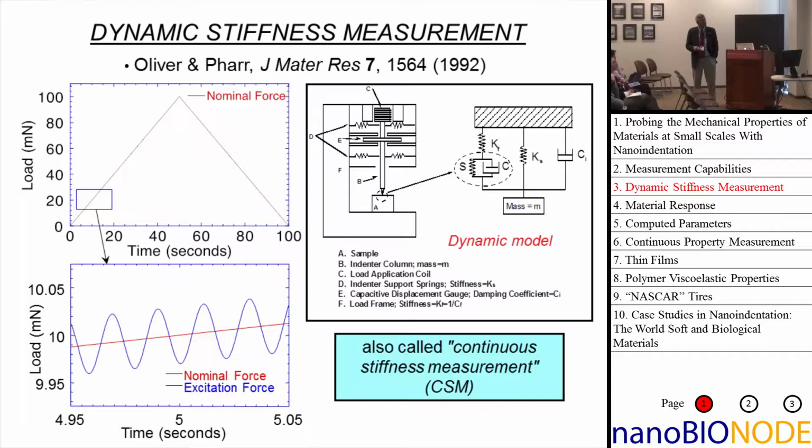And you monitor the displacement signal at the same frequency. And that's what's done with these phase lock amplifiers or lock-in amplifiers. And if you then have the ability to know what the magnitude of the oscillation is in the force, and you can measure the amplitude of the oscillation in the displacement, and look for the phase shift of those two signals, then you have ways to do some things that you don't do with a normal nanoindenter. And so we implemented that back in this paper.